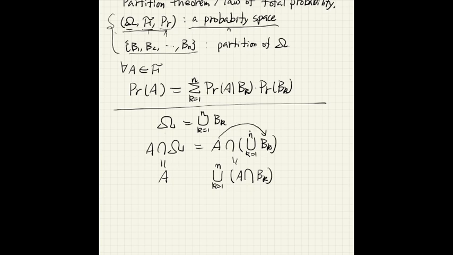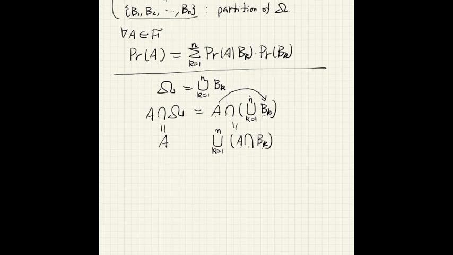So A intersect this union is the same as the union of A intersection Bk. So A is equal to this.